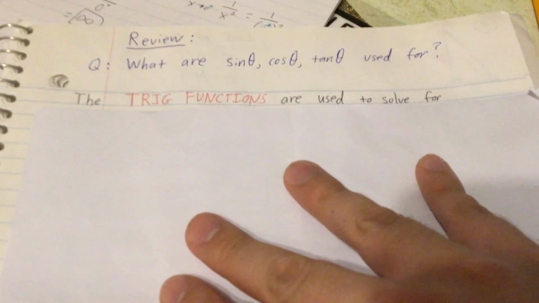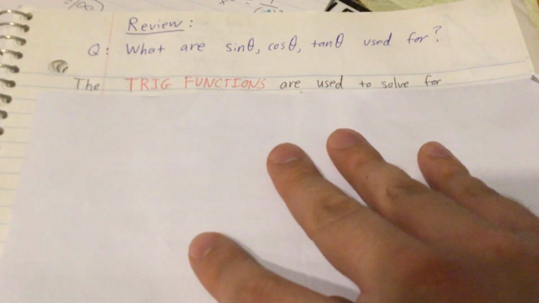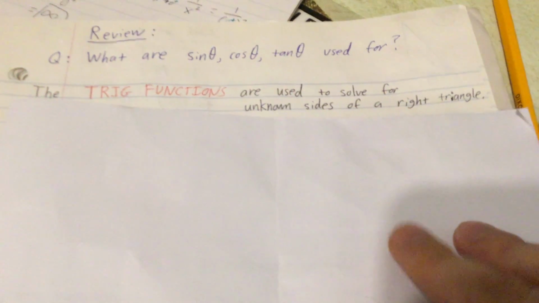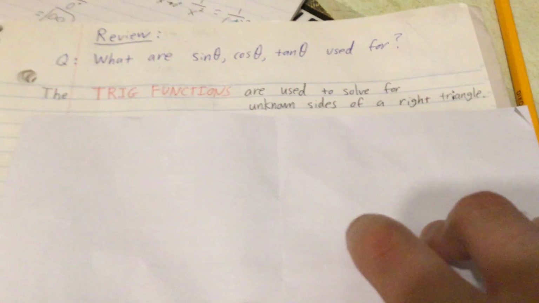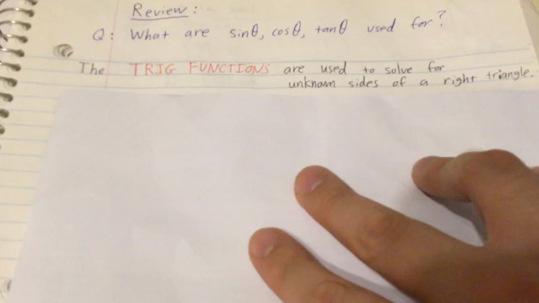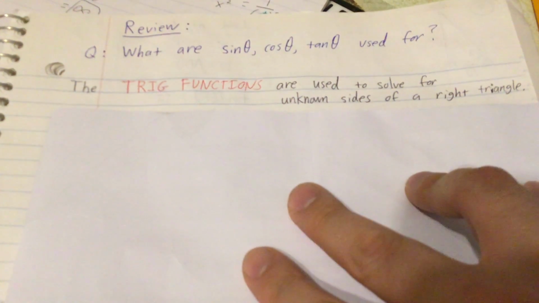But the main thing they're used for is solving right triangles, in particular for the unknown sides. If you're given an angle and one of the sides, you can use that information to solve for a second side of the right triangle.